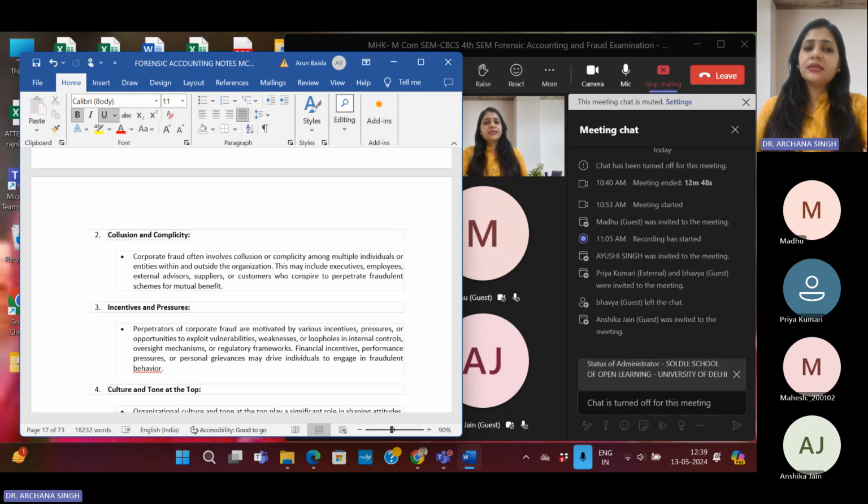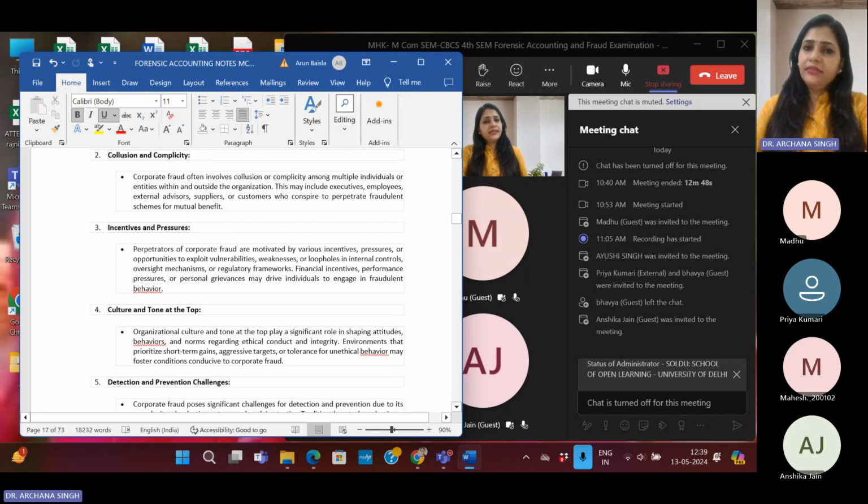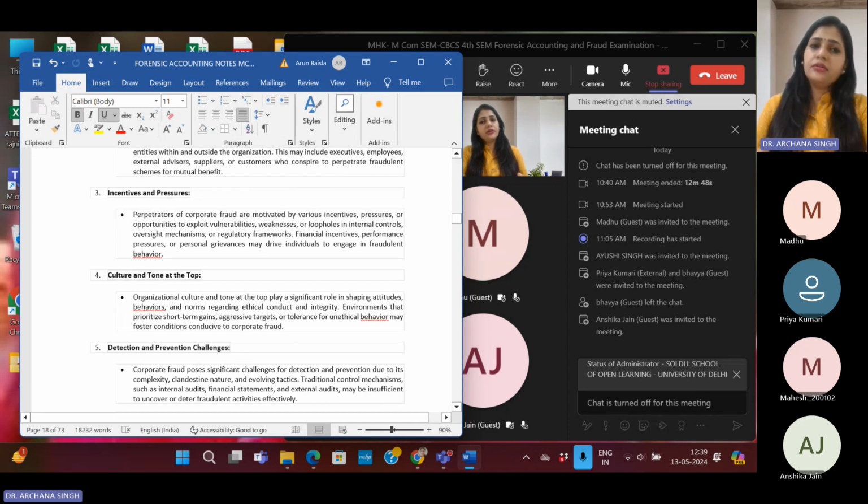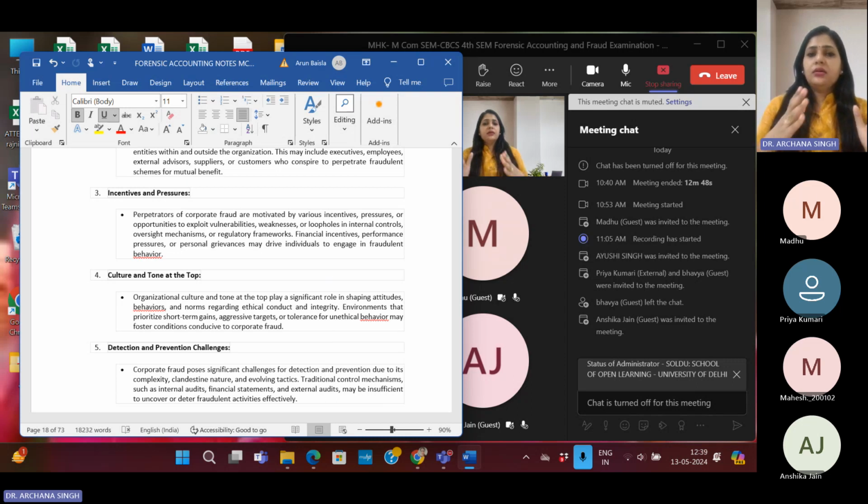Now, next is incentive and pressure. Perpetrators of corporate fraud may be motivated by various incentives, pressures, or opportunities to exploit vulnerabilities or weaknesses, or you can say loopholes, in the internal control or oversight mechanisms. Financial incentives, performance pressure, or personal grievances may also lead to fraudulent behavior.